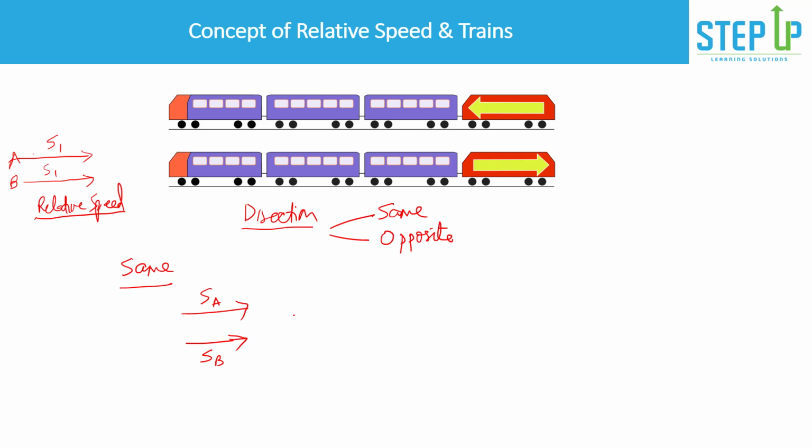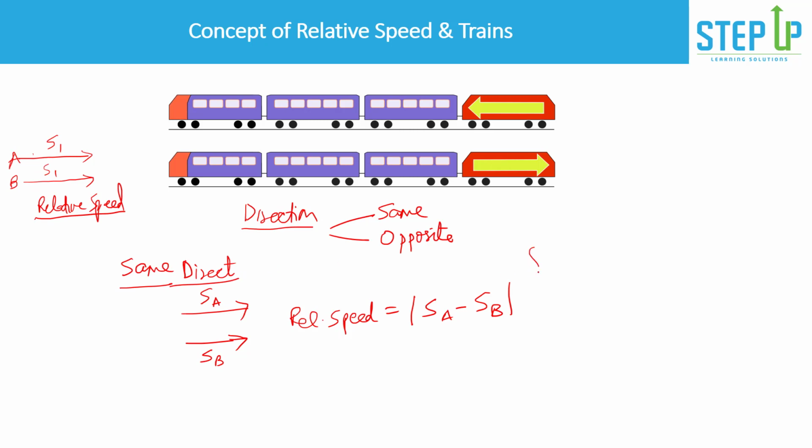So your relative speed becomes SA minus SB. That means the speed of A with respect to B, or of B with respect to A, becomes SA minus SB. In the same direction, the speeds subtract.